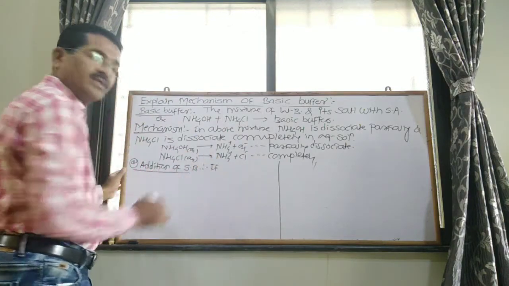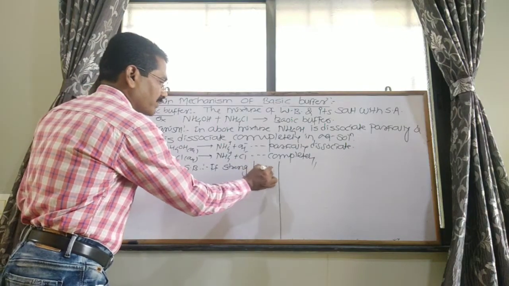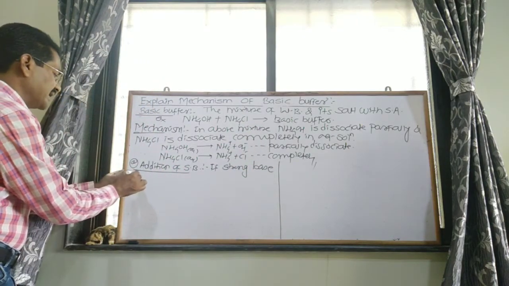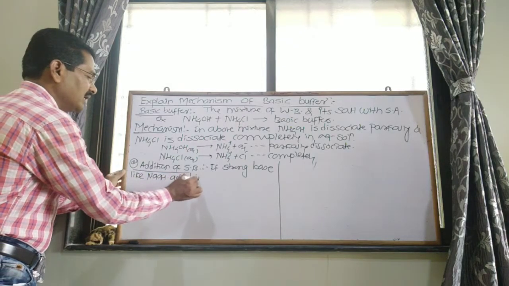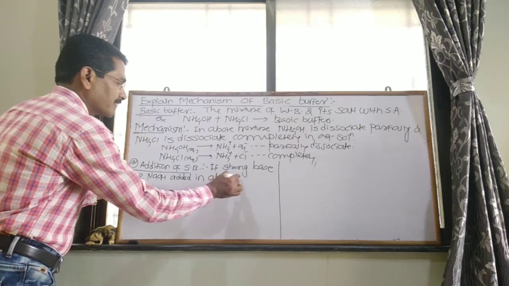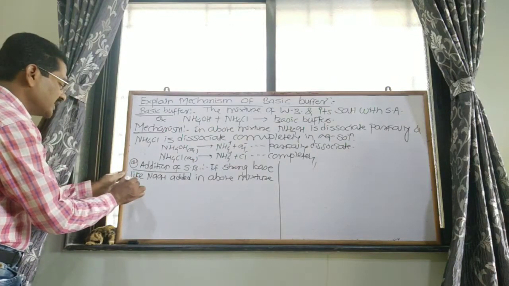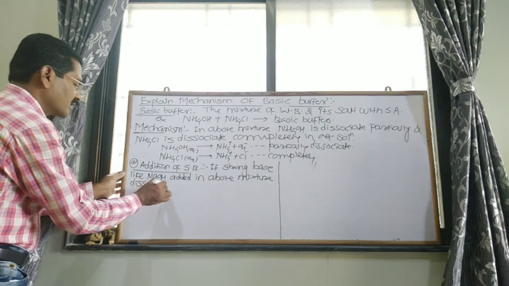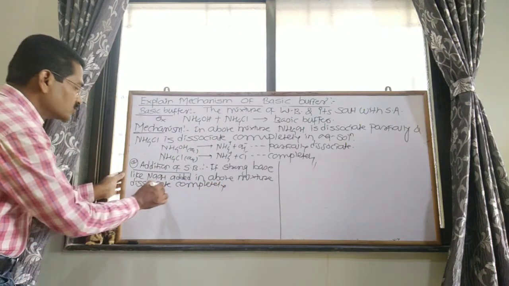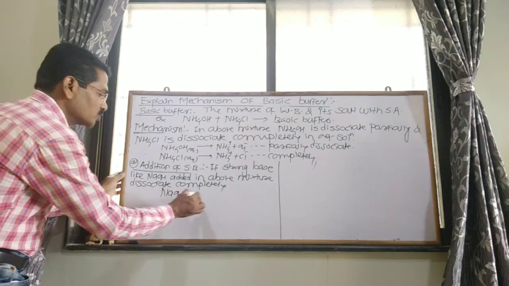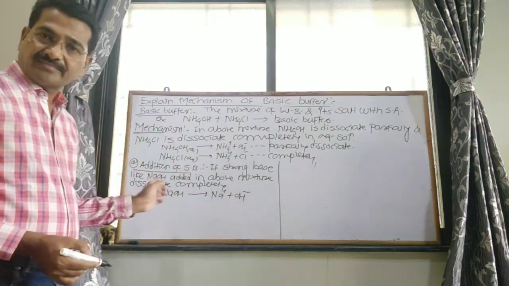If strong base like NaOH is added in above mixture, it dissociates completely as follows. NaOH dissociates to form Na plus and OH minus.